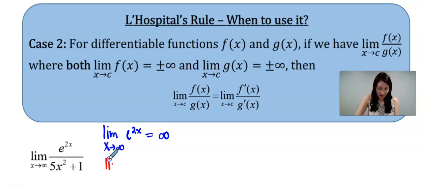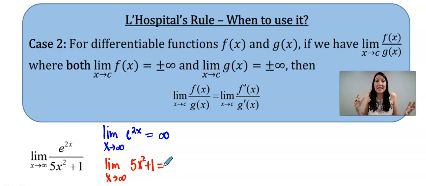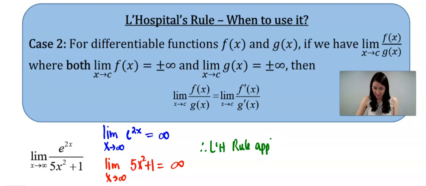Now for the denominator, the limit as x approaches infinity of 5x squared plus 1, that would be 5 times infinity squared plus another 1, again, a huge number. As you can see, the conditions in order to use case 2 are met. Therefore, L'Hopital's rule applies. And let's go ahead and apply it.